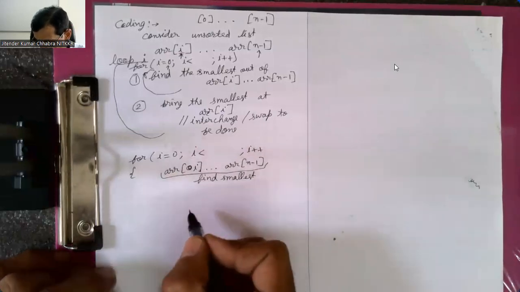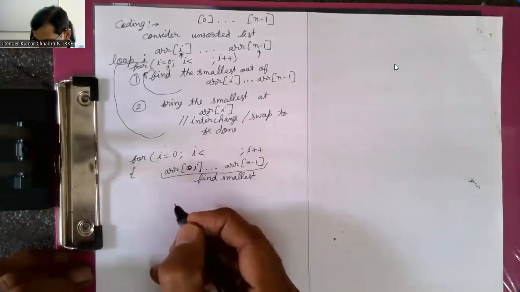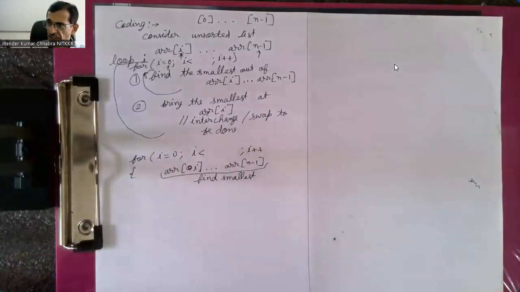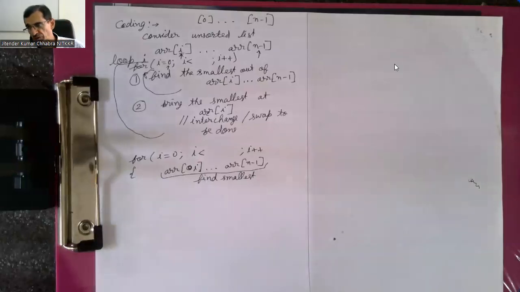Normally, whenever I have a list and want to find the smallest, the simplest logic you could think of is to consider the first value itself to be the smallest and then keep on comparing with the remaining values, and whenever you find a smaller one, update your smallest element and proceed towards the end. Once you keep on comparing, you will reach the end.